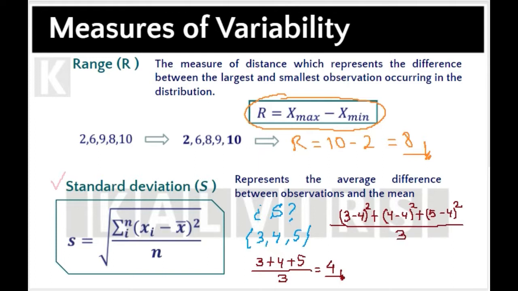And finally, we need to calculate the positive square root of that average. And this is the standard deviation of this set. This is not a GMAT type question. However, it is important to know what data is needed to apply such a formula and thus find the standard deviation.